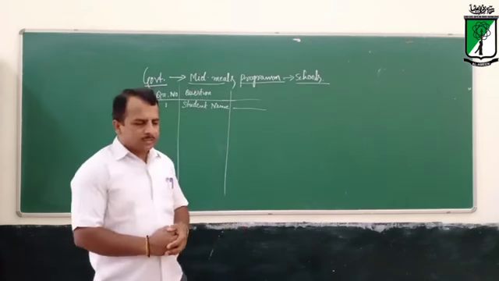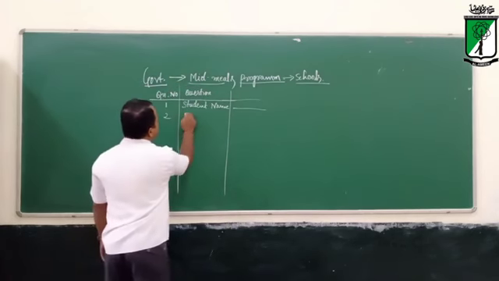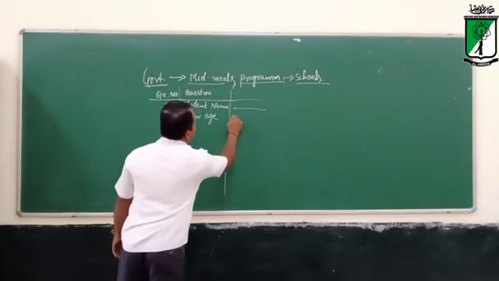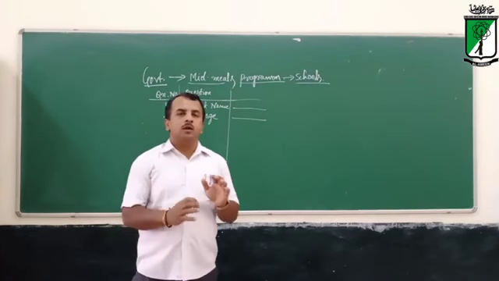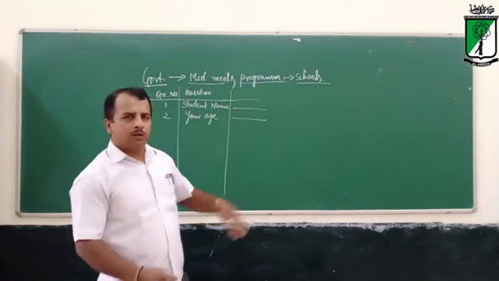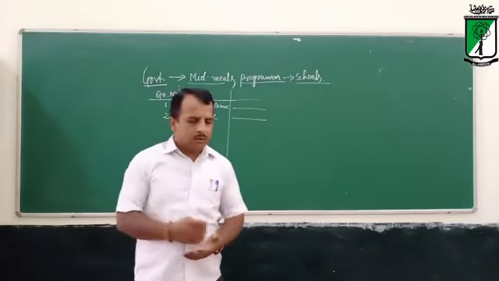So your first name, then age. I am just giving the format, I am not going to fill it. So who will fill this? The respondent or student. So where this will be conducted, that is one thing.